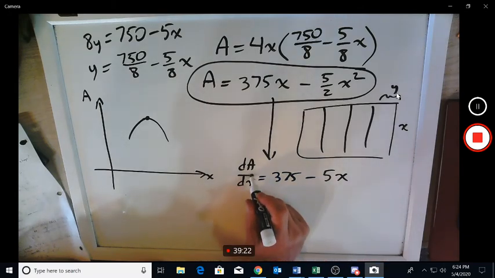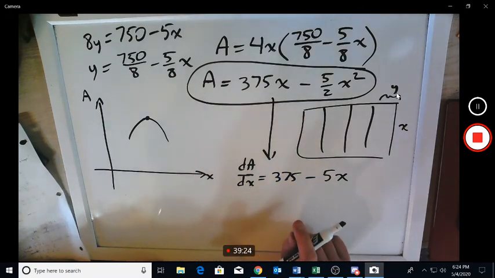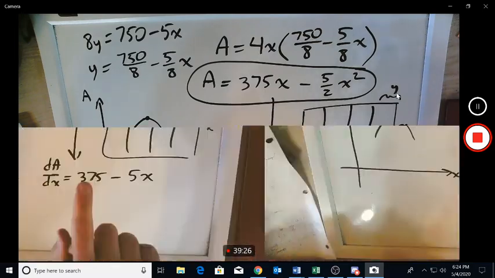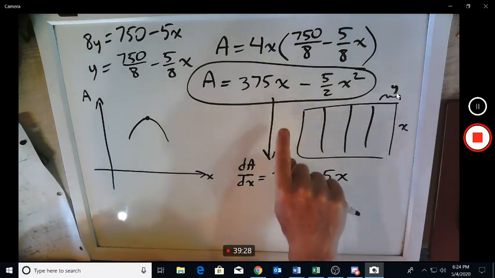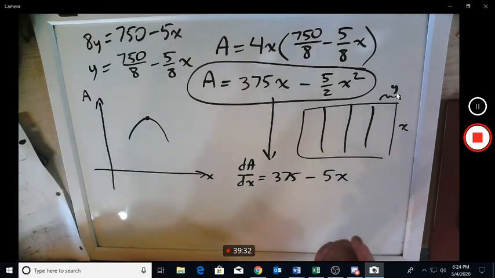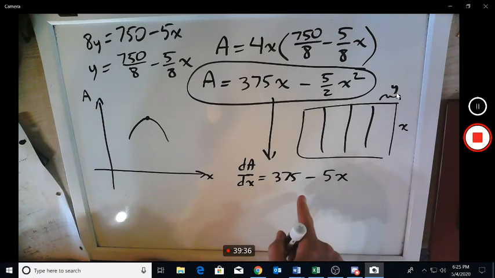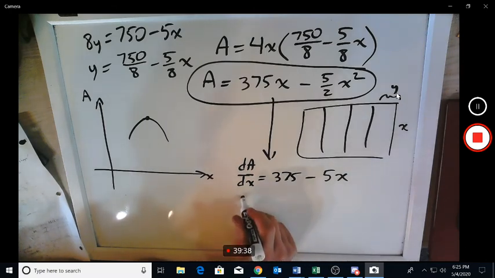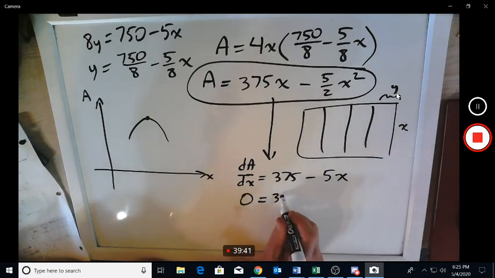Now we could actually do this without calculus as well, because we know this is a parabola. We could find the vertex of a parabola with the vertex formula. But calculus will quickly zip us right to this.